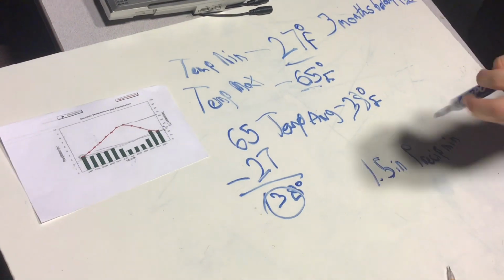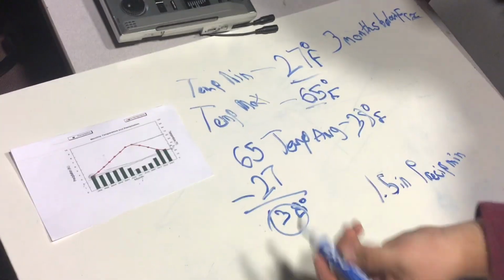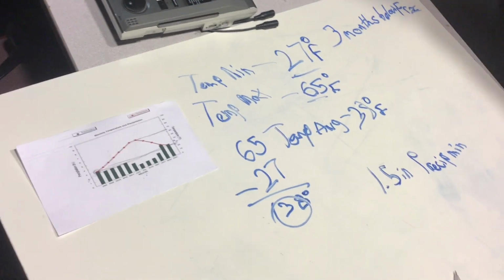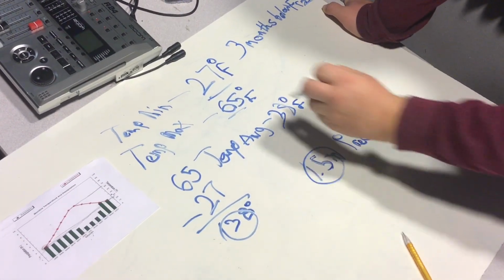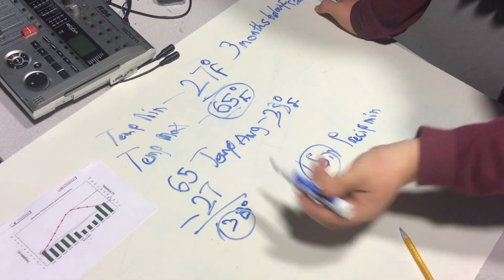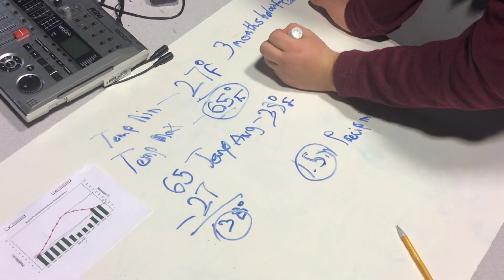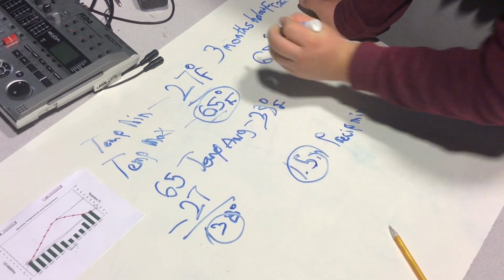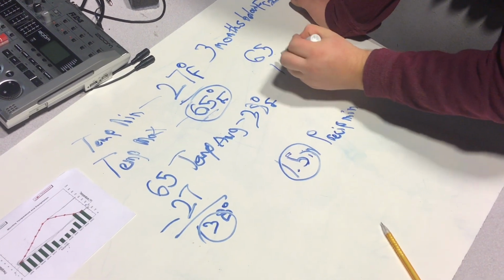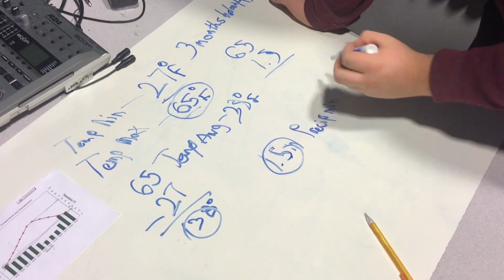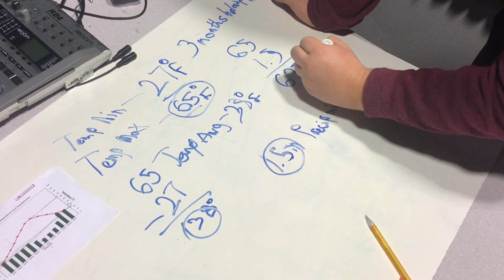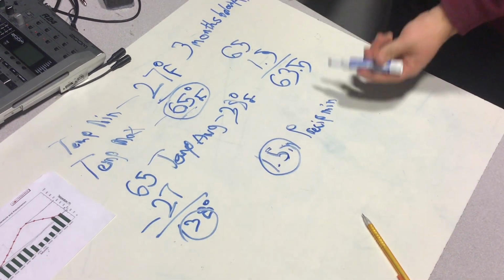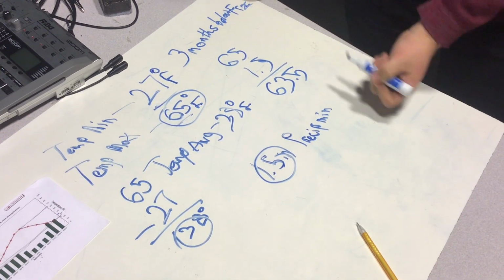Okay, so now you really need to find that latitudinal range. So here's what we're doing. We're going to use both of these numbers and subtract 65 and 1.5. That comes out to 63.5. Now, that's not all we're doing yet, unfortunately.